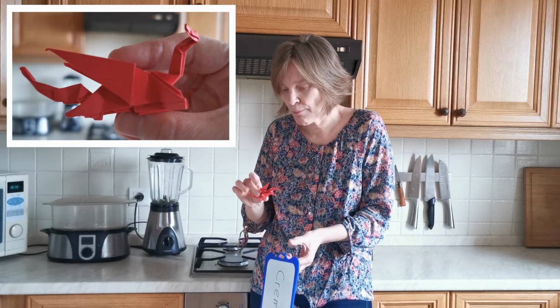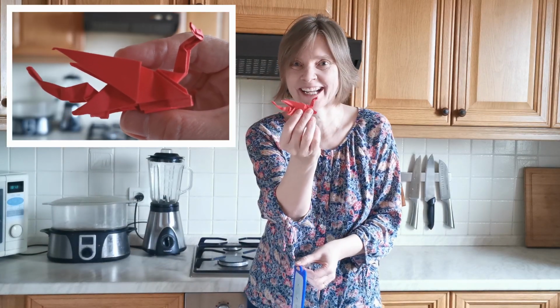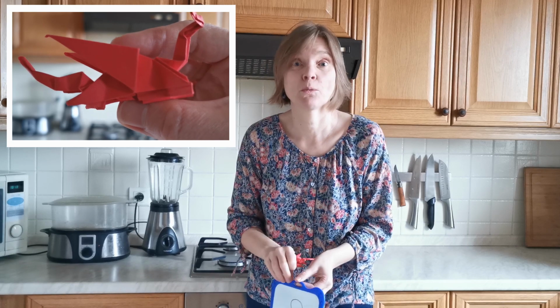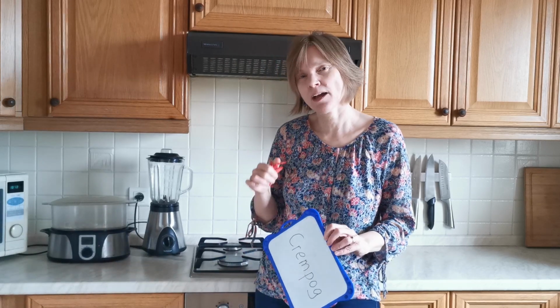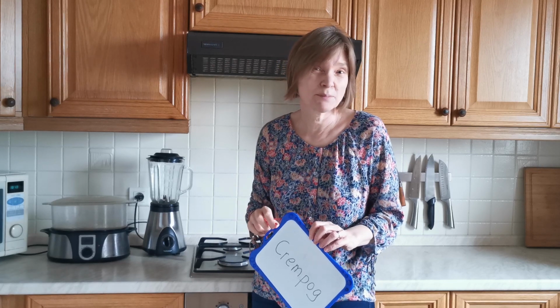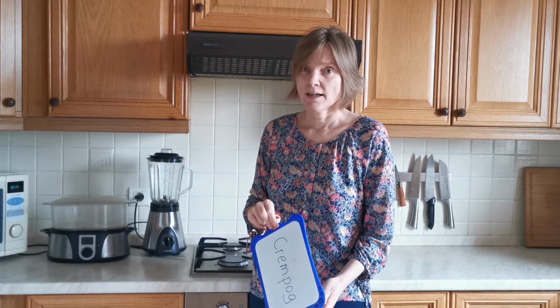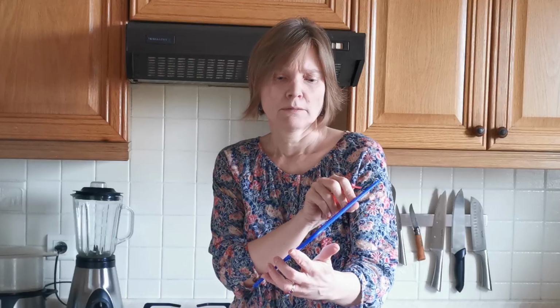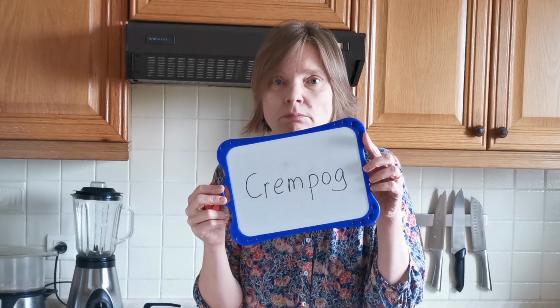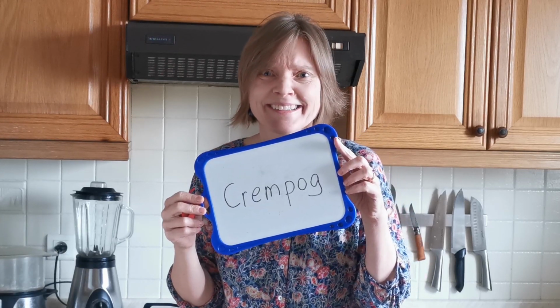And do you remember my Welsh dragon? Well, in Wales they have a thicker pancake too, a little bit like in Scotland, and they call it crumpog. Well, something like that.